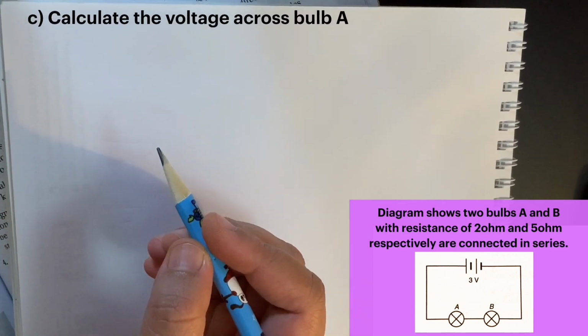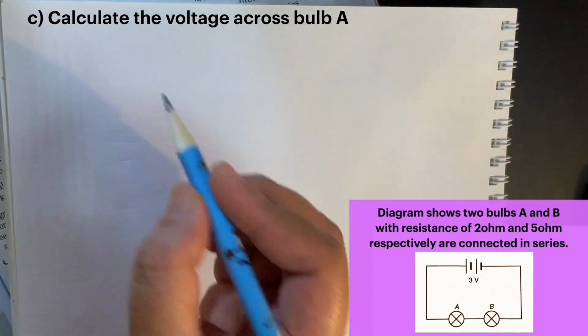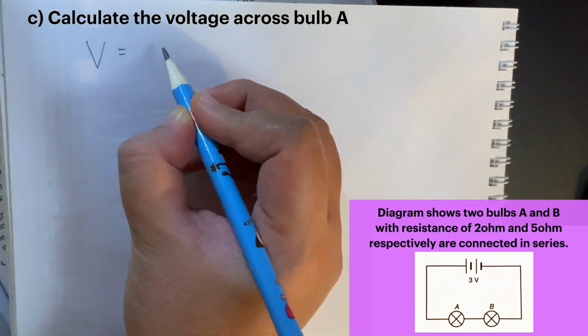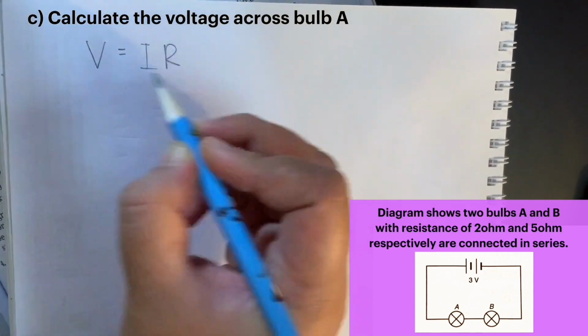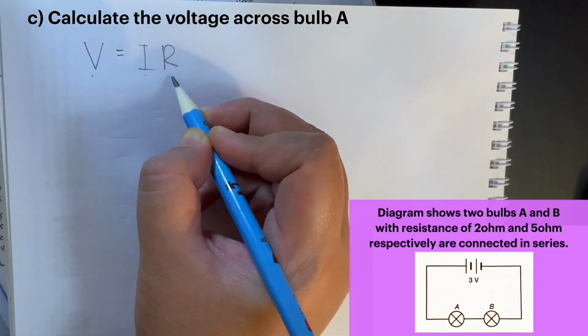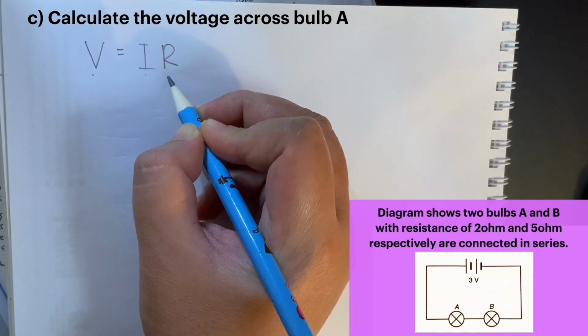And for this question again, by using the Ohm's law, V equals IR, where V is voltage, I is current, and R for the resistance.